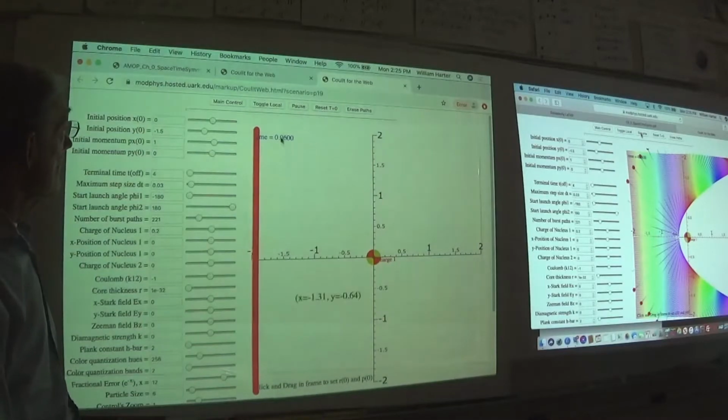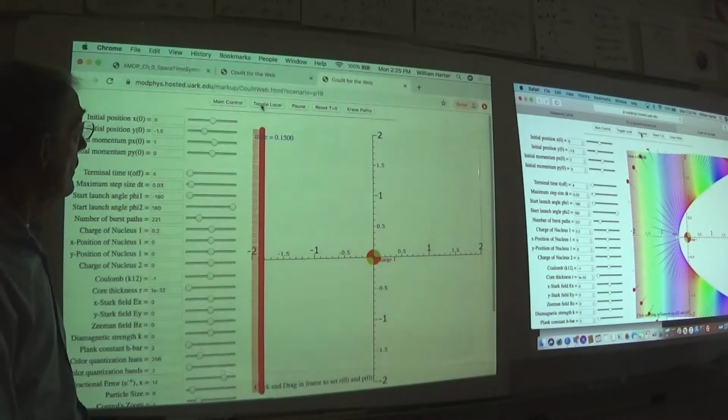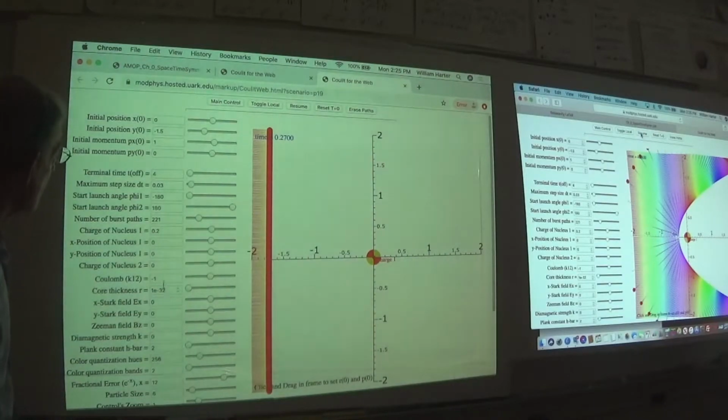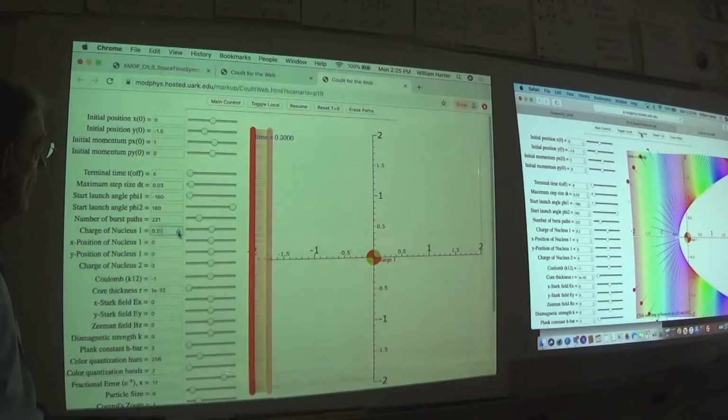And the way I'm going to get that one is I'm going to pause here, and I'm going to change the charge of the nucleus. Right now it's 0.2 positive. Let's make it attractive, okay? So what I'll do is I'll reduce that. It'll take me a little while here.